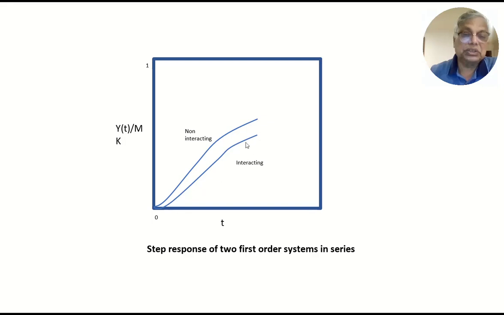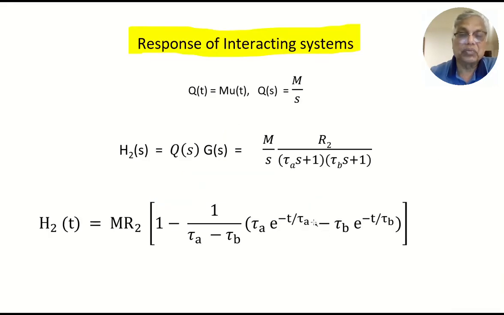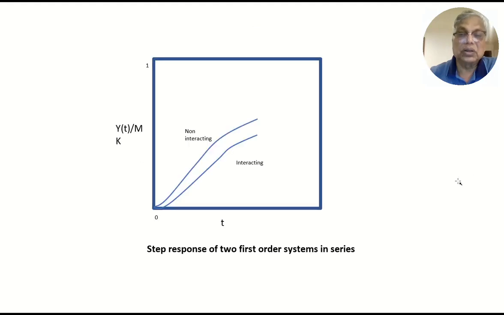So this is the step response of interacting systems, just shown now. This is that equation. If you plot this equation, it will look like this.